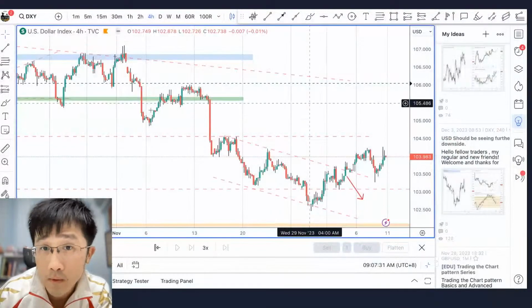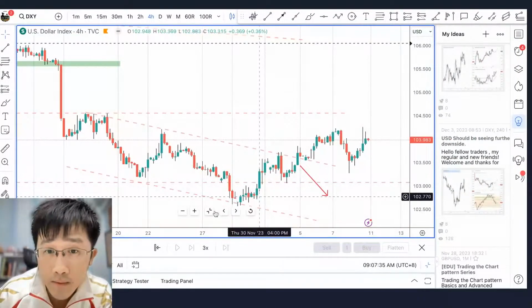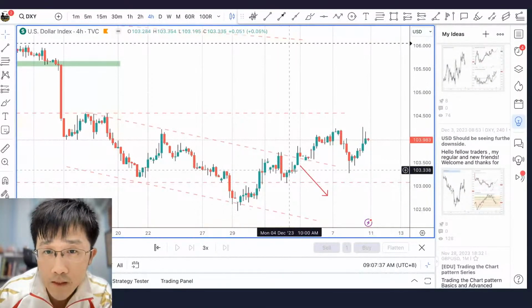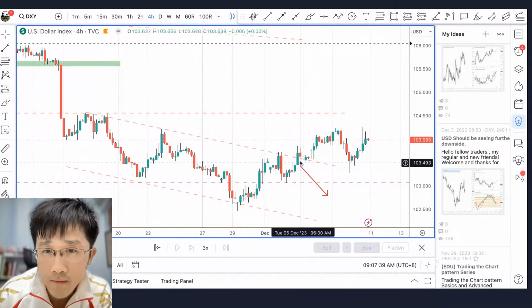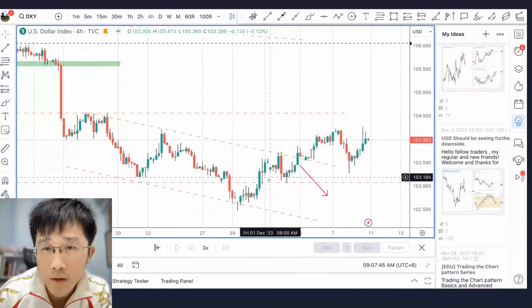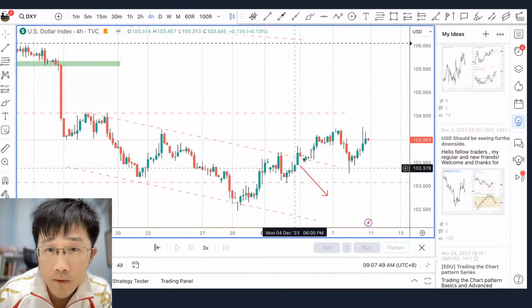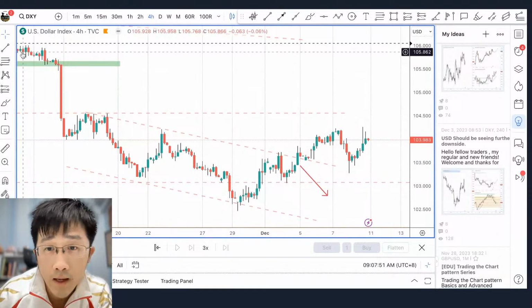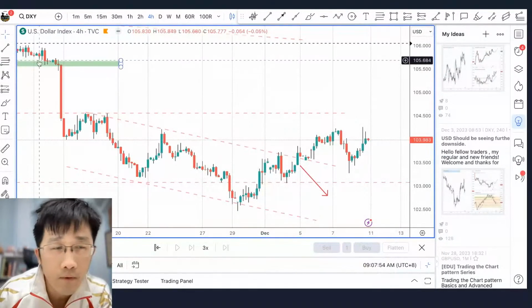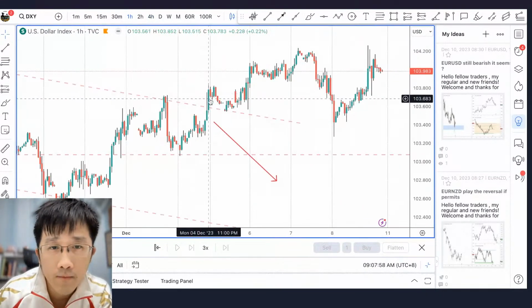Maybe we just go on to the actual chart. Over here you have a rejection, but over here you don't have any rejection, and it is also forming a similar or even higher high after that. This tells me that the USD is not ready to go down anytime soon, even on the 4 hourly. So on the 1 hourly, I don't think I will be looking for a short.